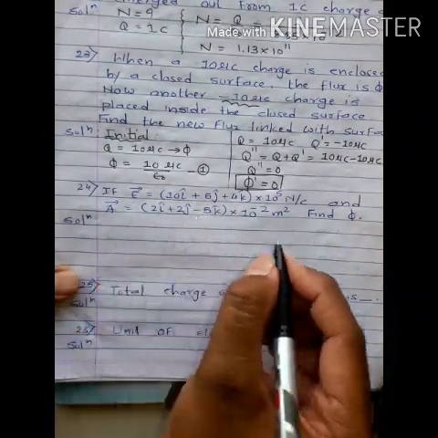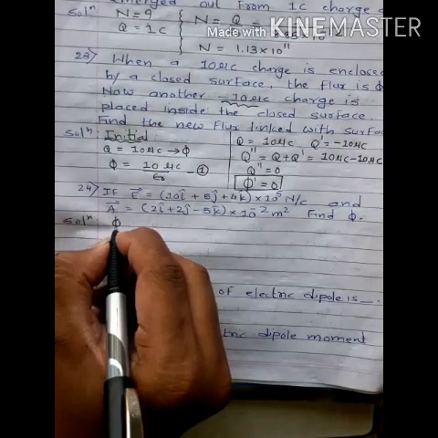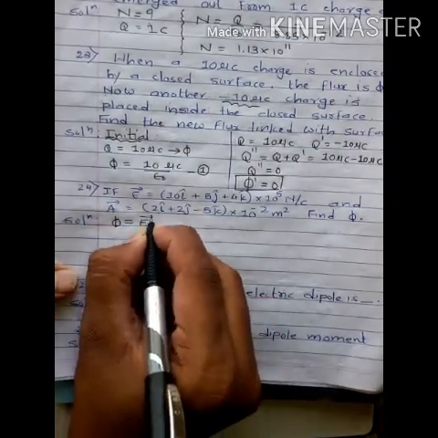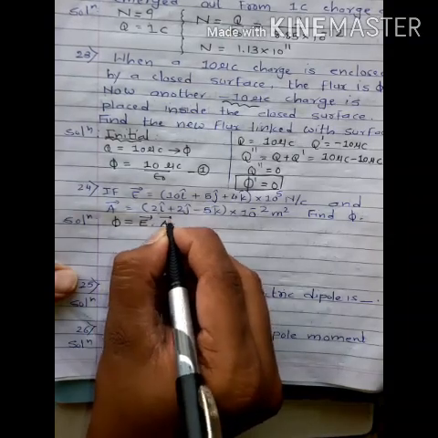Now here we use the standard equation of electric flux. Phi is equal to vector E dot vector A.